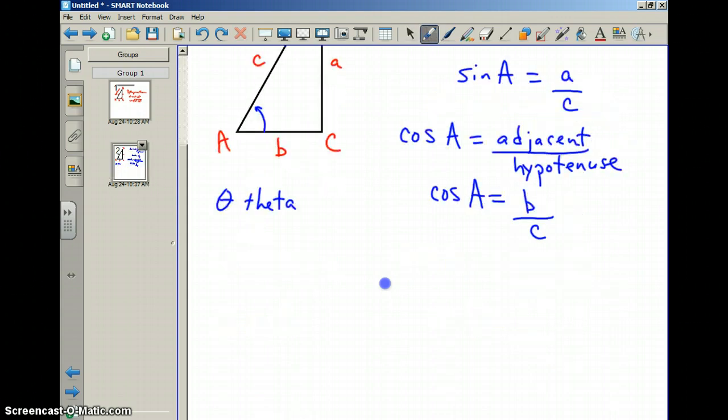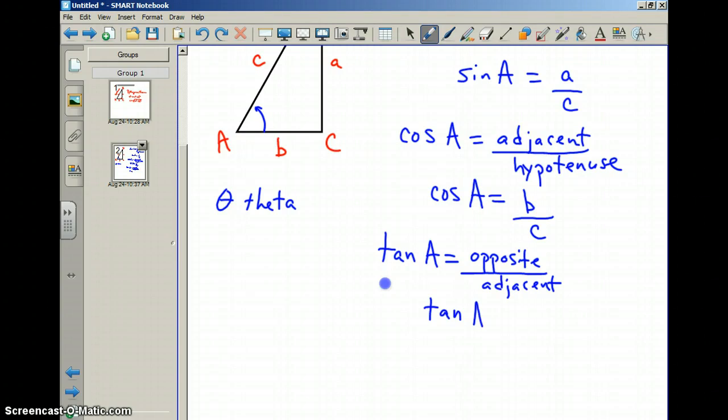For the tangent function, the tangent of angle A is defined as opposite over adjacent. In our example here, the tangent of A could be calculated by dividing little a by side b.